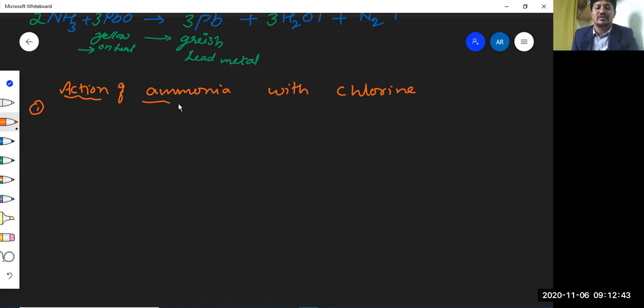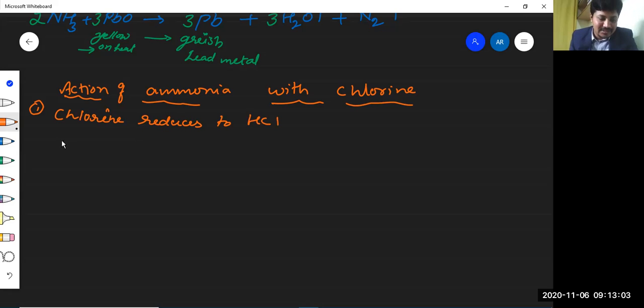Let us go now to the chemical reactions. Look here. With excess of ammonia, when ammonia and chlorine are mixed, chlorine reduces to HCl, hydrogen chloride gas. Let us see what happens when NH3 is treated with chlorine.